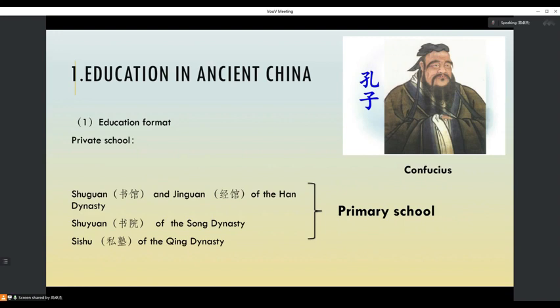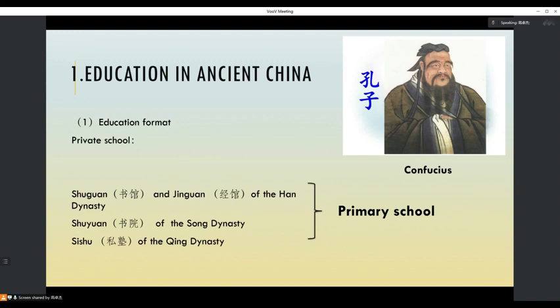He was a resident of Lu, because in ancient China there were many states. Lu was located in Shandong province. So Confucius was a Shandong person.